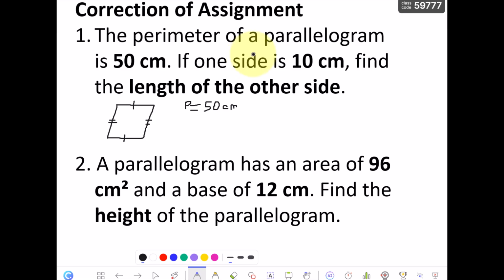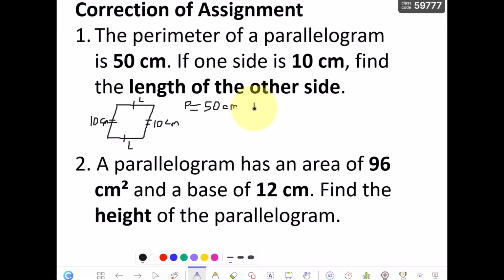Keep one of the sides. They say one side is 10. If I choose this side to be the 10, that means the opposite side is going to be 10 centimeter. So if these two sides are 10 centimeter, the other two sides are going to be the length L.